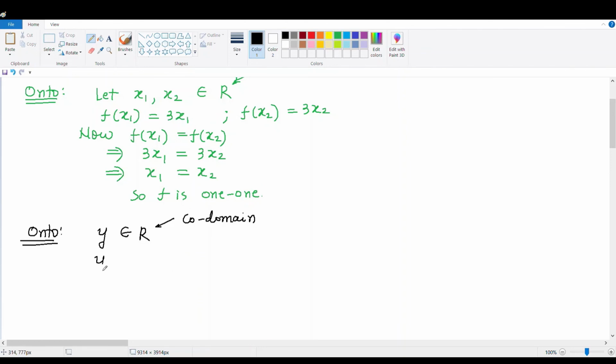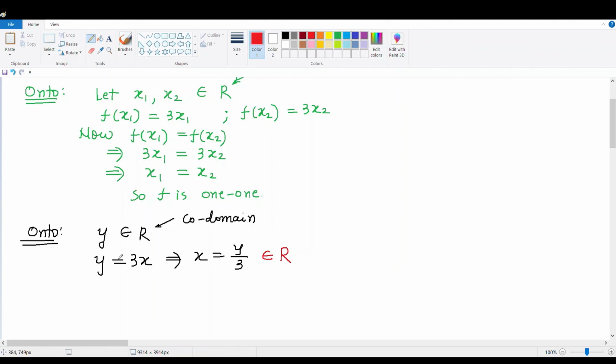So then y must be equal to 3x. That means x must be equal to y over 3. And do you think that if any real number you divide by 3, you get a real number? Of course you do. If you divide any real number by 3, that result is of course going to be a real number. So this is going to belong to R.